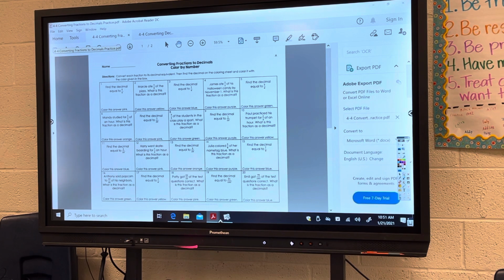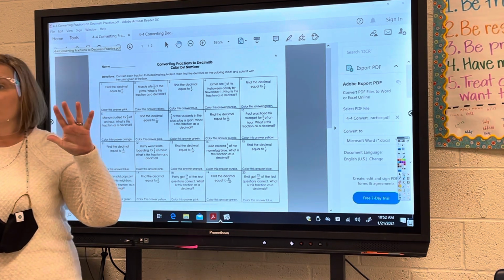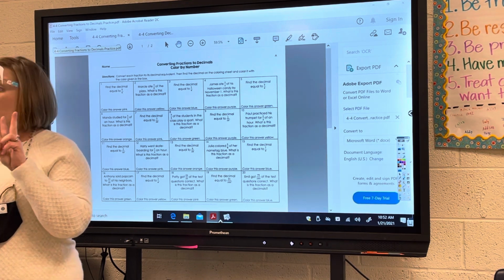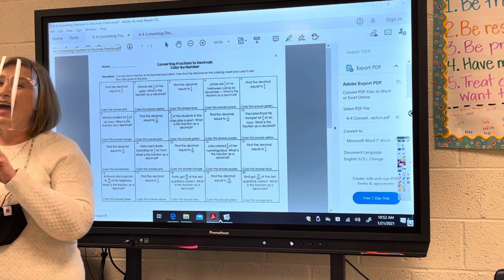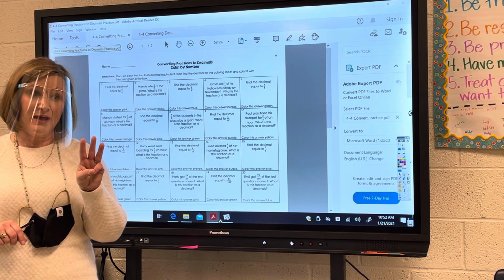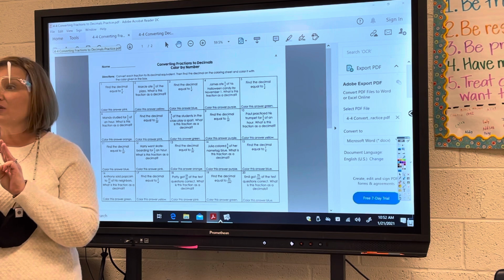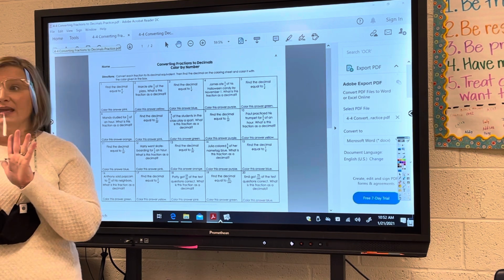Okay. The last class, by the time we got finished with this sheet, most of them were at a 4 or a 5 on changing a fraction to a decimal. And if you remember yesterday on our fist to 5, you may not have noticed, but many students were at a 1 or a 2, and I had 1 or 2 3s, okay? So that's why we're practicing this today, because that tells me that we're not here, okay?